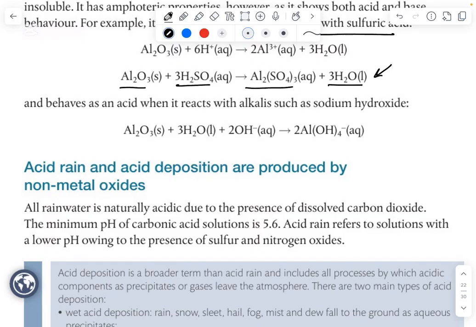If you mix a base and an acid, it's going to neutralize. And it behaves as an acid when it reacts with alkalis, such as sodium hydroxide. Over here, you can see another neutralization reaction, an acid-base reaction. It's behaving as an acid when mixed with sodium hydroxide.